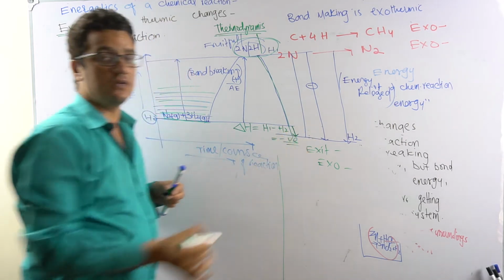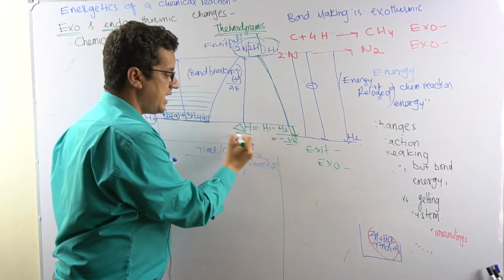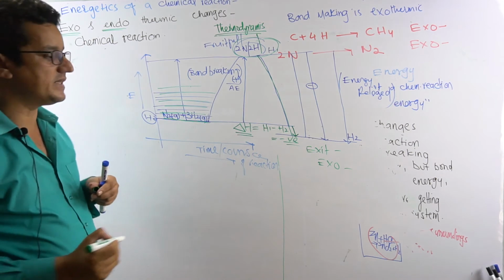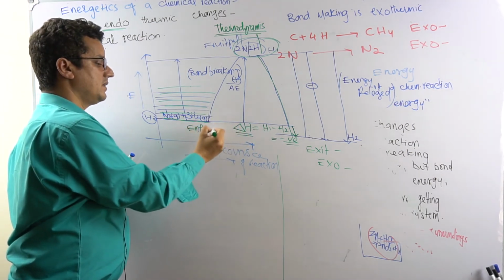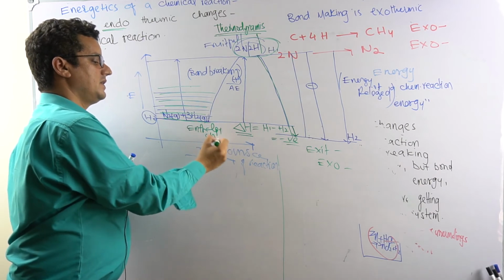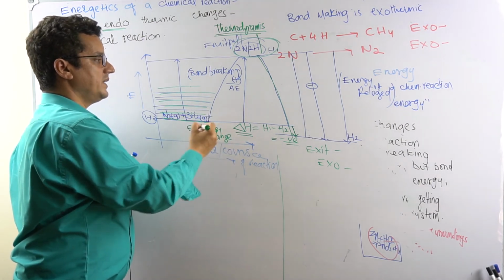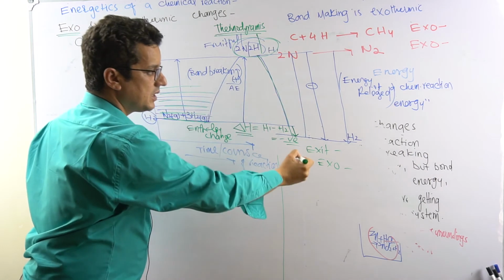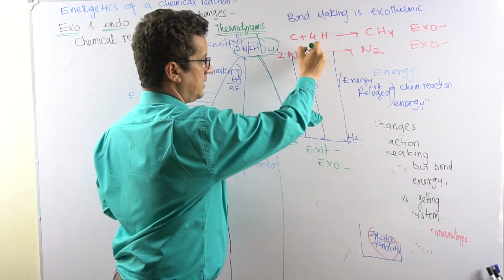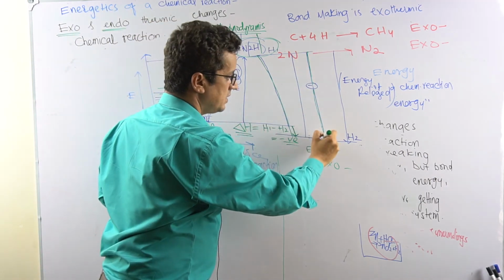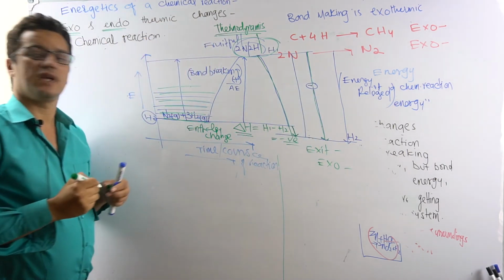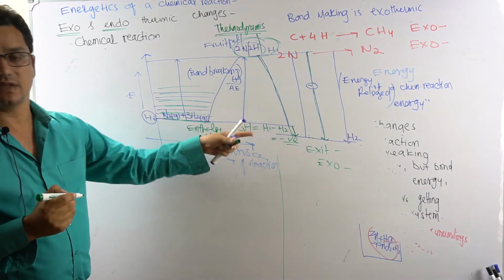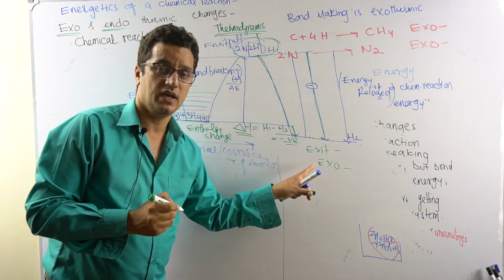So you bring it down from the original level, and that shows your change in energy. We call it enthalpy change, delta H. Enthalpy change clearly shows that input was less and output is more. The difference of these two, absorbed energy, bond broken minus bond formed, gives an exothermic reaction.